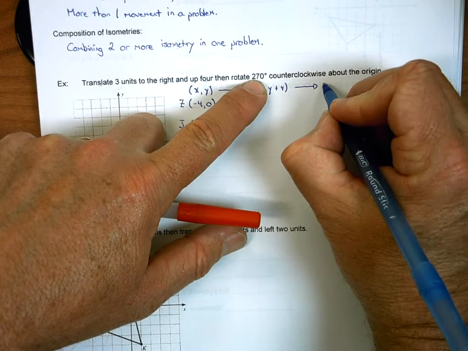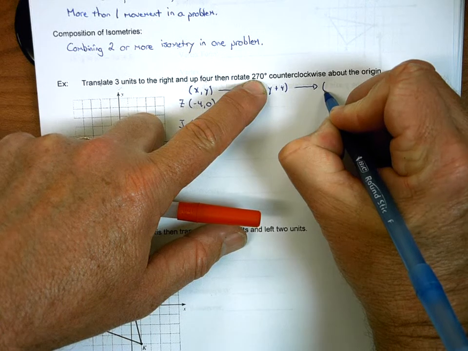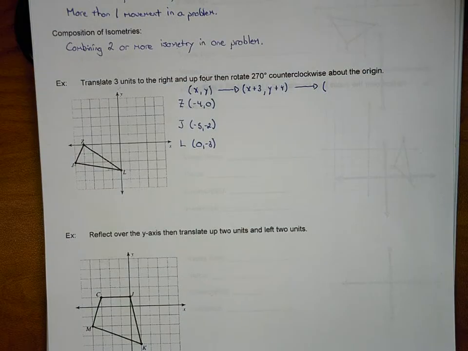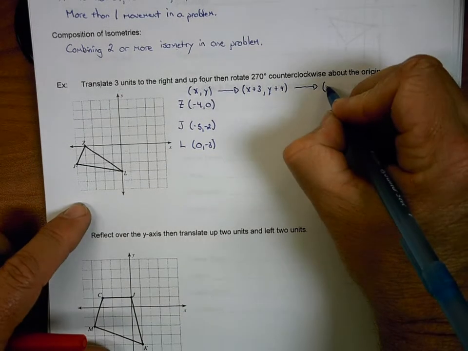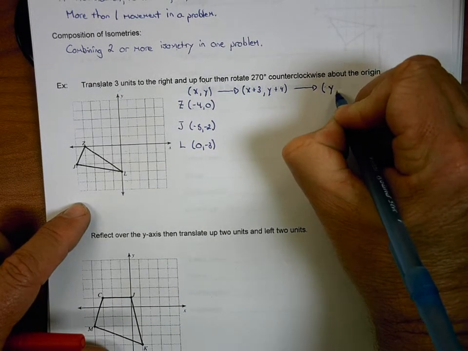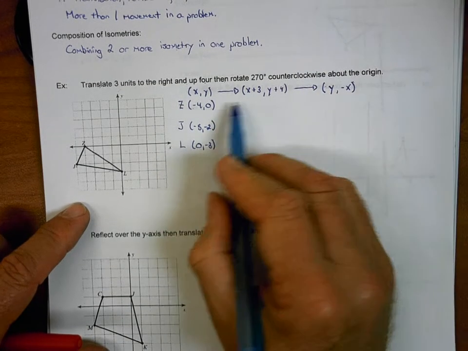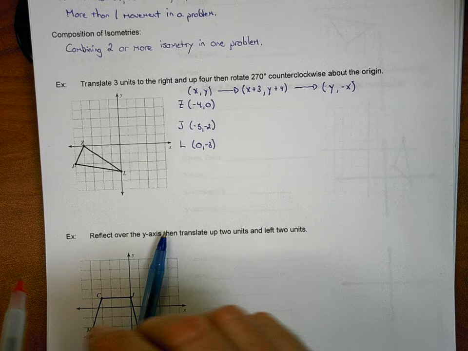Using the rotation rules, the formula for rotating 270 degrees gives us Y and then -X. So let's do these points and see what happens here.